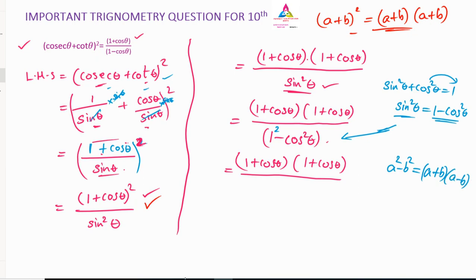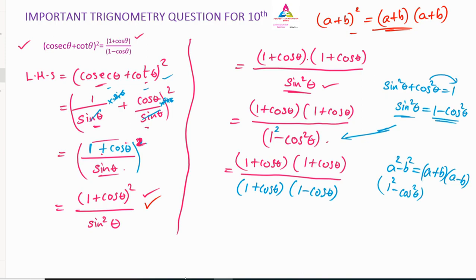So this is our algebraic third identity that we can substitute. In place of a square we have 1 square, in place of b square we have cos square theta. Now it is nothing but 1 plus cos theta into 1 minus cos theta, that we have to substitute here. Remember this identity, a square minus b square.